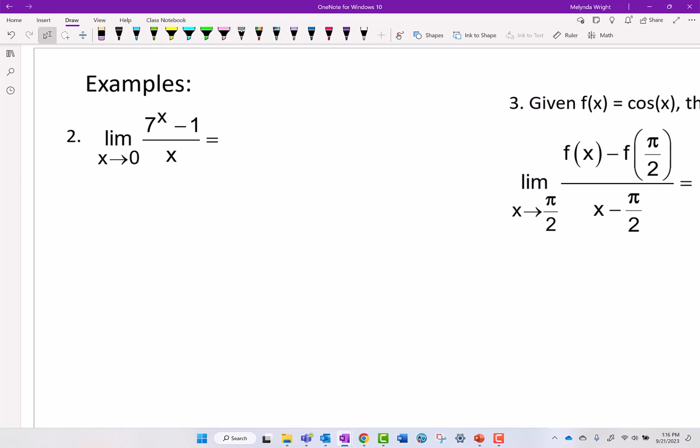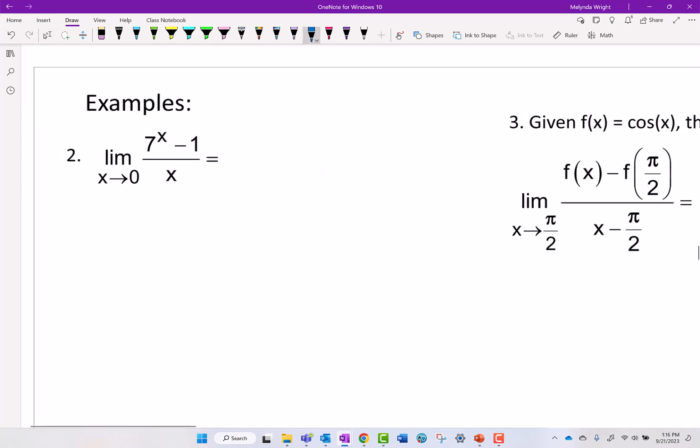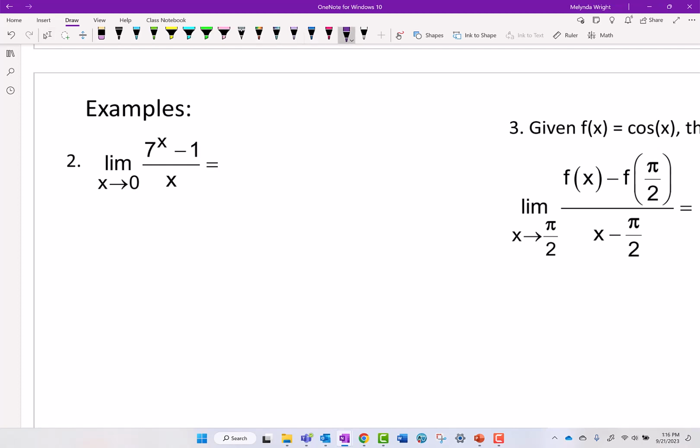Okay, this one has an exponential in it, 7 to the x. But what I want you to start thinking about is the alternative form of our definitions of the derivative. This is how we're going to see definitions of the derivative in really weird ways like this one and these two.